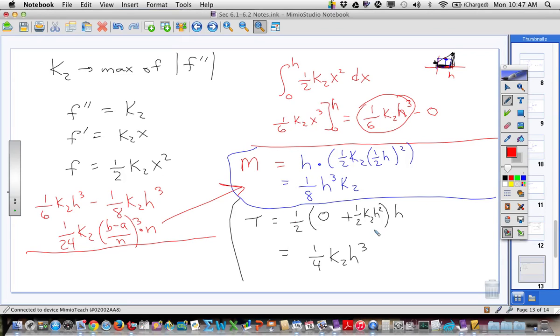Negative or positive, doesn't matter. So 1/4 minus 1/6, that'd be 12 as a common denominator. So 3/12 minus 2/12 would be 1/12. So the trapezoid would be 1/12 K2 h cubed. H is (b minus a) over n, cubed, and then times n. Does that make sense? And notice, look at the max errors. Compare midpoint to trapezoid. What's different?